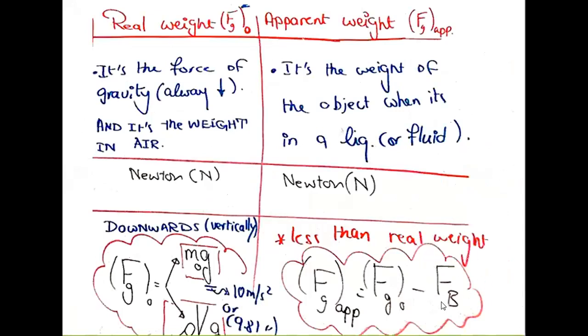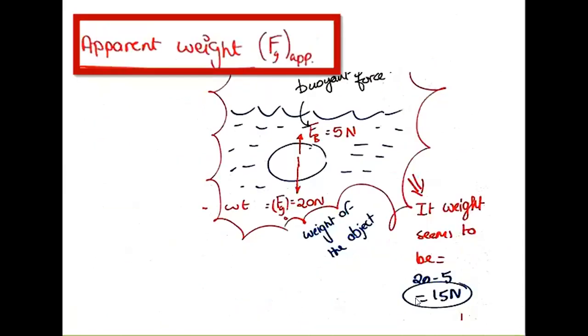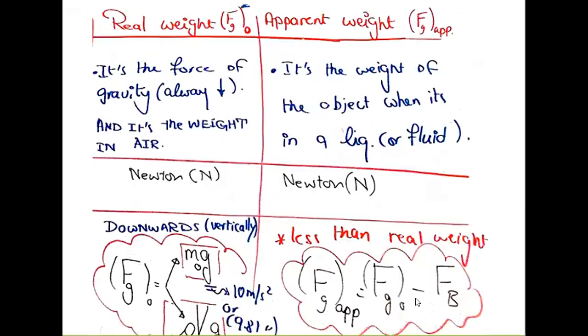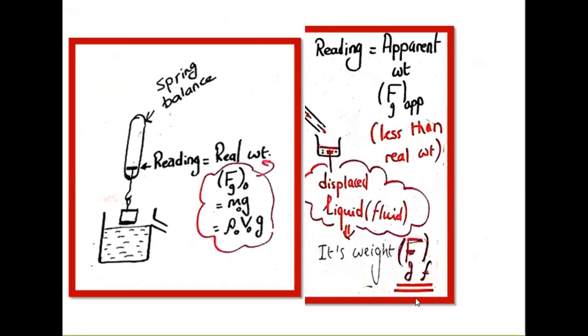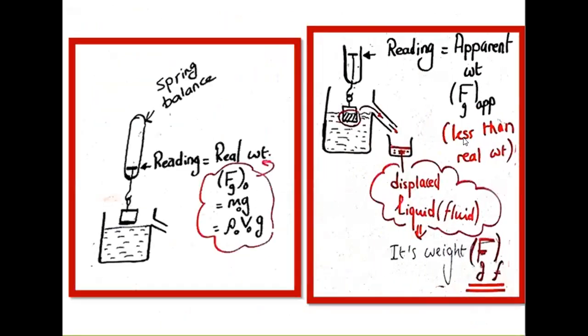We can get the buoyant force by substituting in this formula. But we found a very strange discovery. When we find the weight of the displaced liquid, it is found to be equal to the buoyant force that we calculated.